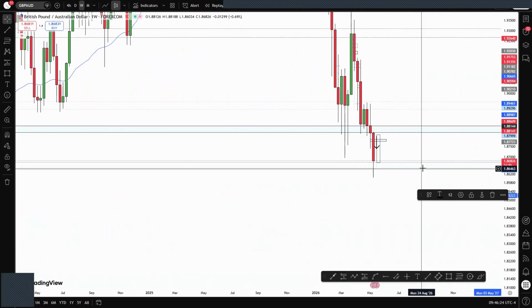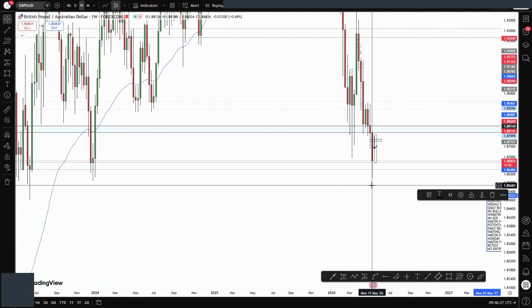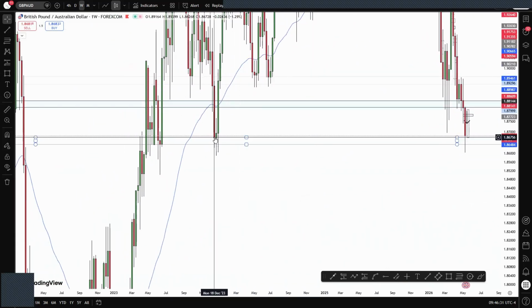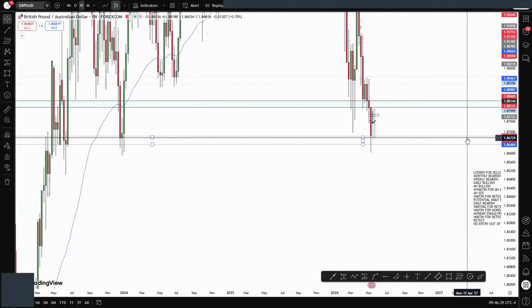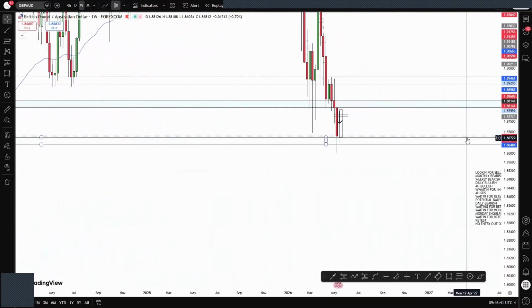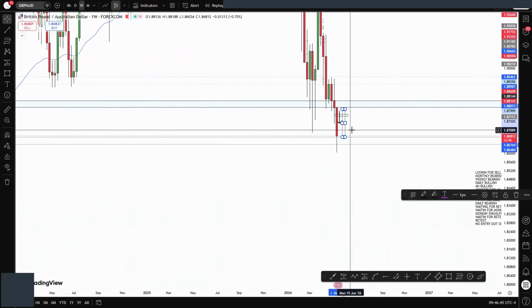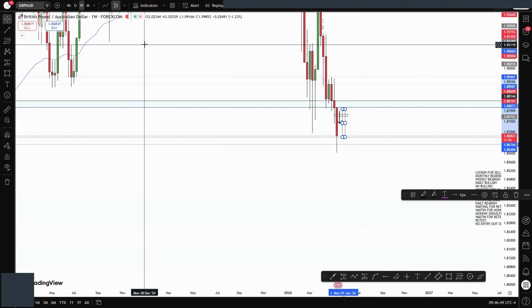And this is the lowest it's been since December 2023. Imagine, this is the lowest it's been now. So this is the all-time low. So we really have to be careful in selling this, even though the pair is bearish.